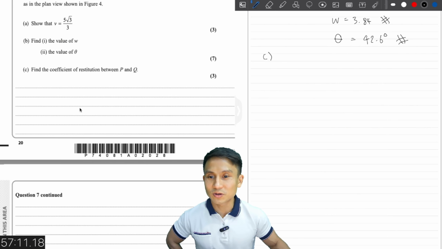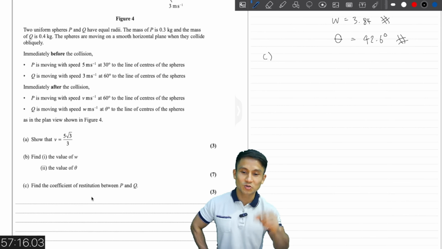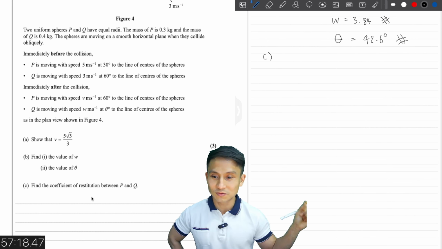Find the coefficient of restitution between P and Q. The coefficient of restitution in this case should also work just along the line of centers.